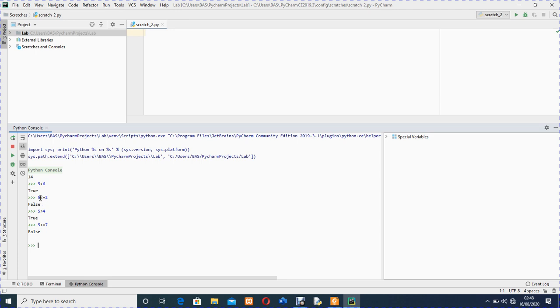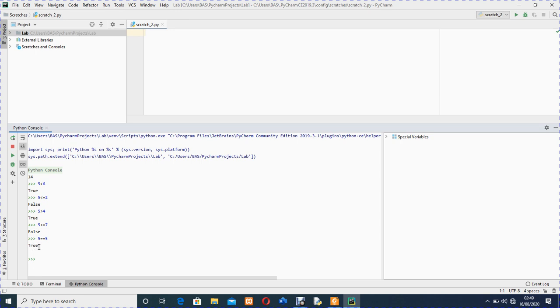For this place, we compare 5 is less than 6. It executed true. Yes, of course. And 5 is less than or equals to 2. It executed false. Let's see, 5 equals to 5.